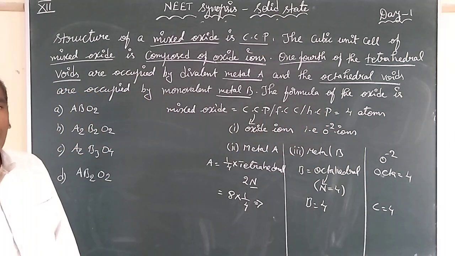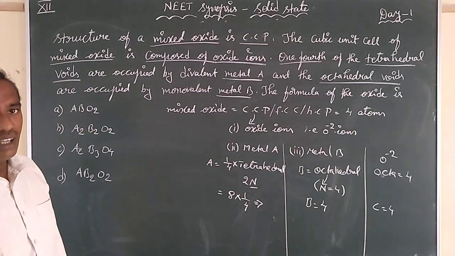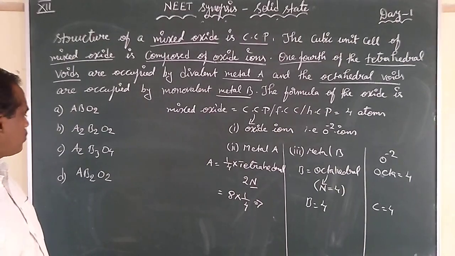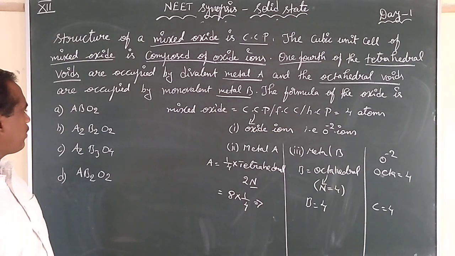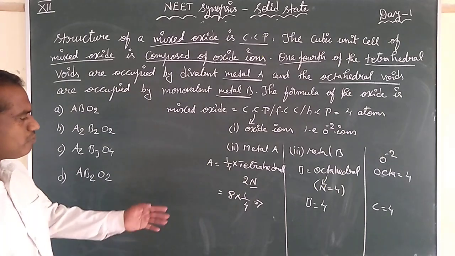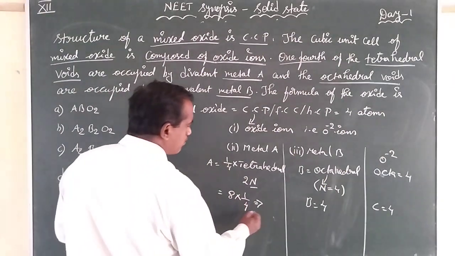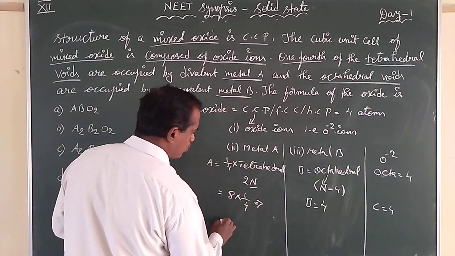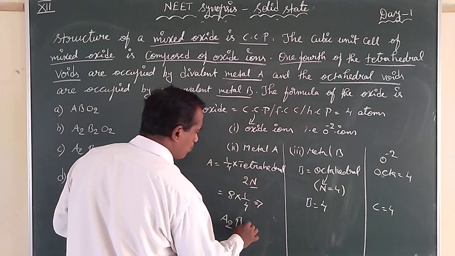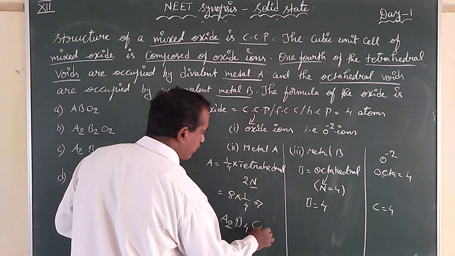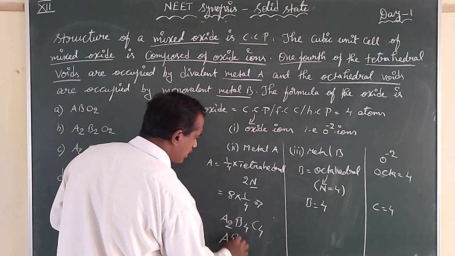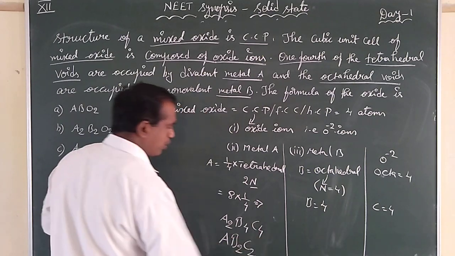So please solve this one, then you can help me. What formula are you getting in this, children? A is 2, so we get A2 B4 C4, or we can express it as A B2 C2.